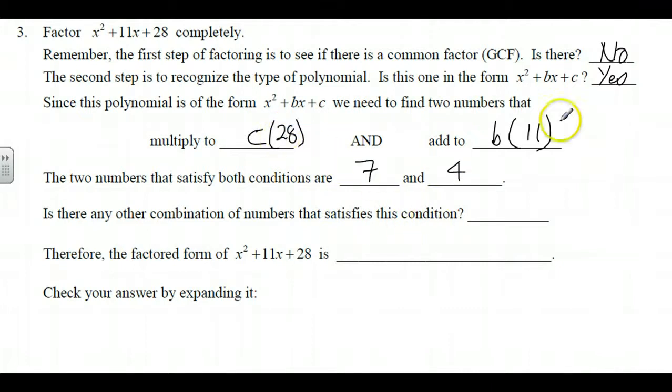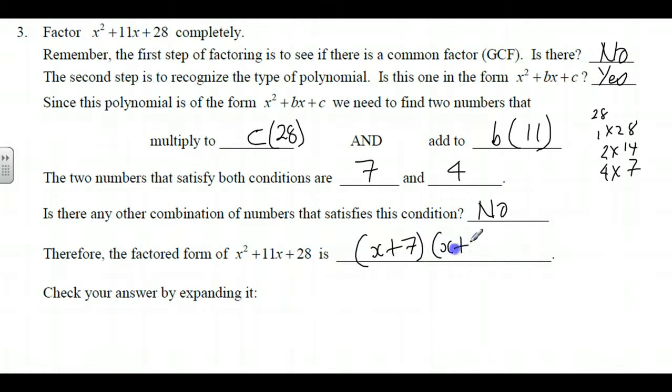Well, multiply to 28, so we start thinking about 28 as a factorization. 1 times 28, 2 times 14, 4 times 7, 5, 6, no, and then we repeat, because we'd go to 7 times 4. So these are the only ones. Those add to 29, those add to 16, these add to 11. Are there any other combinations? No. So the factored form is x plus 7, x plus 4.